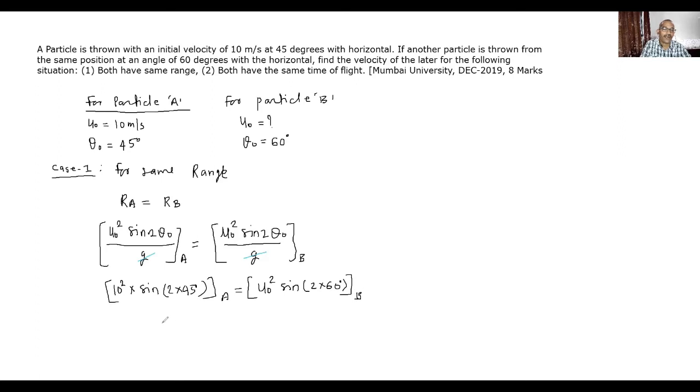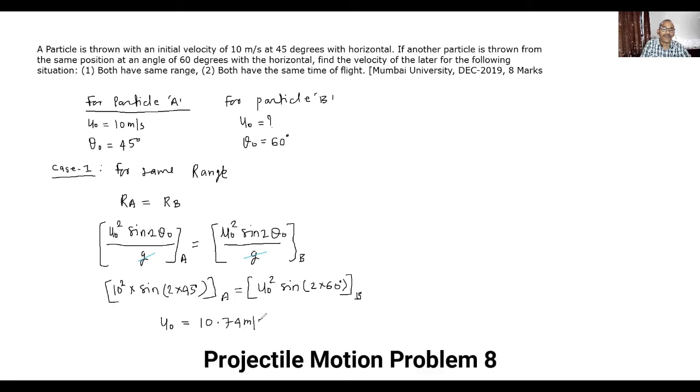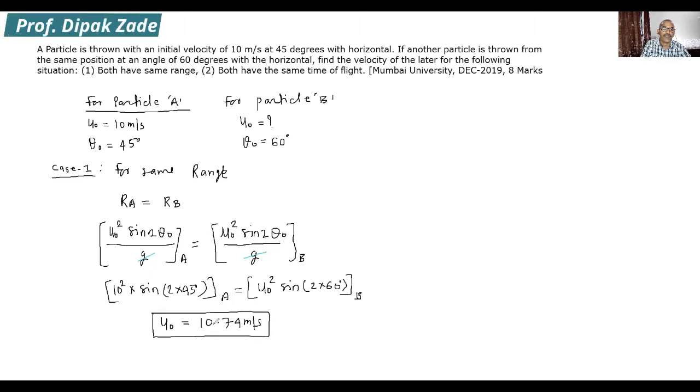Using a calculator, this u0 comes out to be 10.74 meter per second. This is the answer of the first case of the problem. Now case 2.